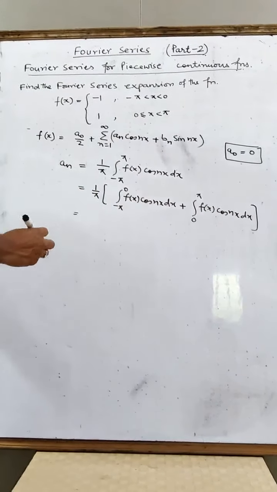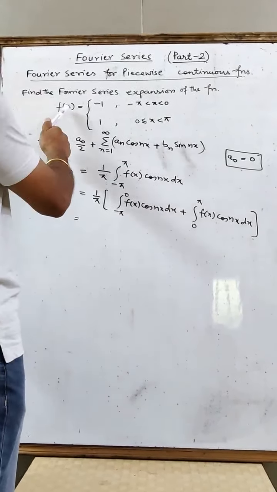During the interval from minus pi to 0, the value of the function is minus 1, and during the interval 0 to pi, the value of the function is 1, so it would become minus pi to 0 of minus 1 cos of nx dx, and 0 to pi cos of nx dx. Here we put the value of f(x) as minus 1, and here we put the value of f(x) as 1.